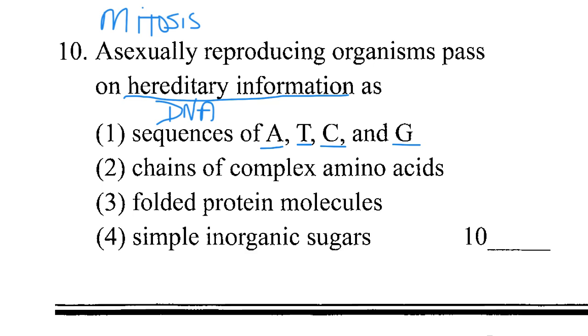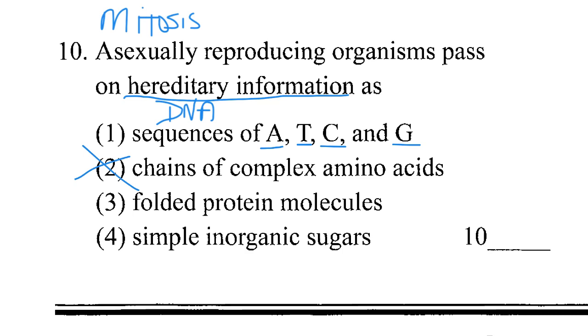2. Chains of complex amino acids. Amino acids are not complex. When you chain them together, that chain becomes complex, but the amino acids themselves are not complex. Incorrect. 3. Folded protein molecules. Proteins do not store hereditary information.